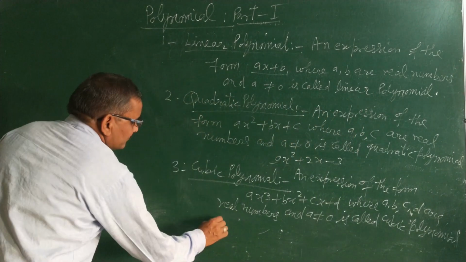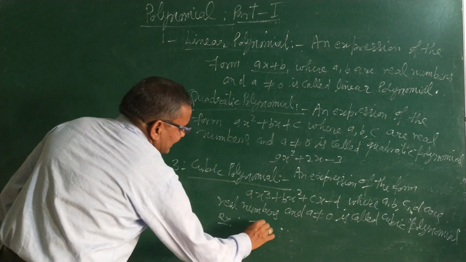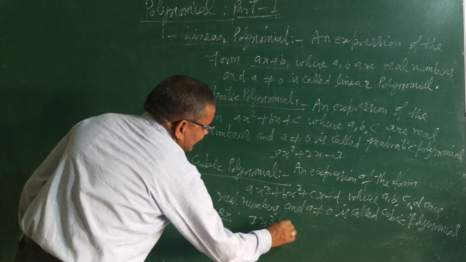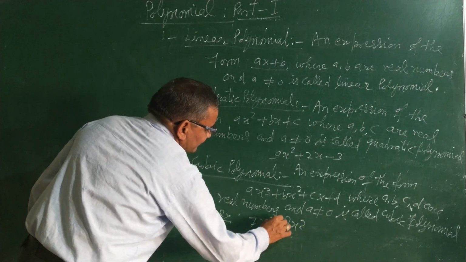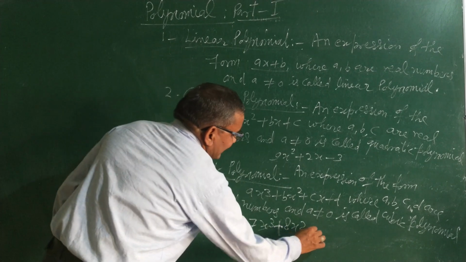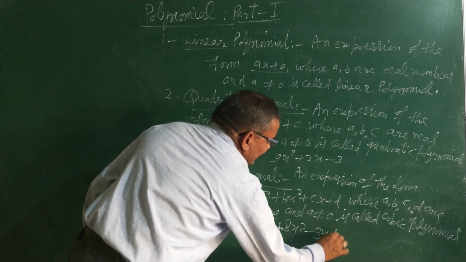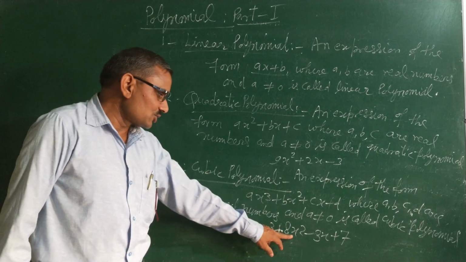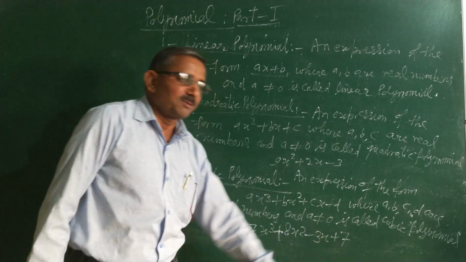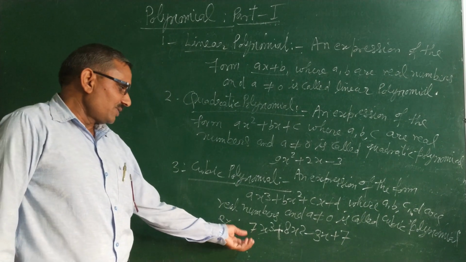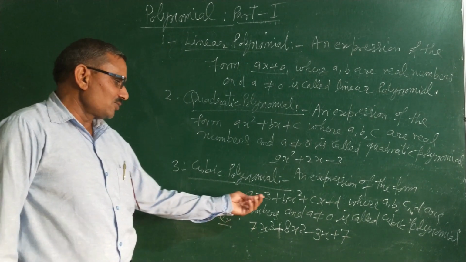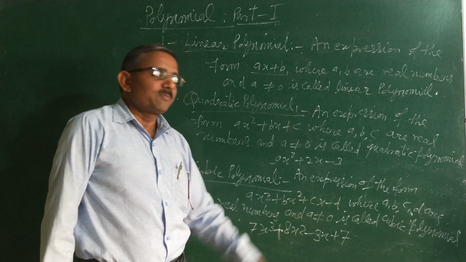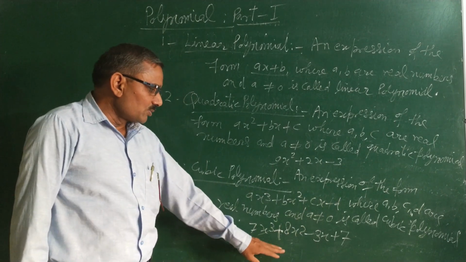For example, 7x cube plus 8x square minus 3x plus 7. This example is just the same as ax cube plus bx square plus cx plus d. So this is a cubic polynomial.